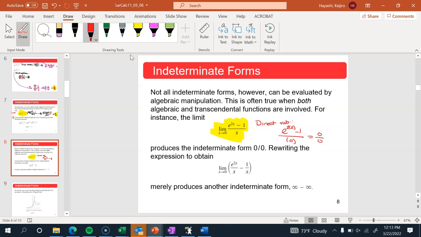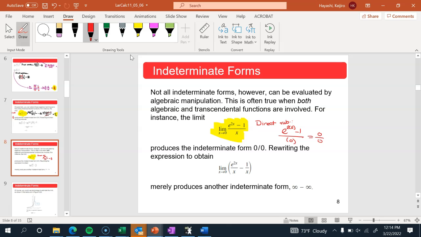But there's no way to manipulate this algebraically, there's no way to cancel anything out. That exponential on the top and that algebraic x on the bottom, there's not really anything they have in common, or any real way that they interact with one another in any clever way. So sometimes you can get an indeterminate form, and there won't be a way to do any clever algebraic manipulation and evaluate it.